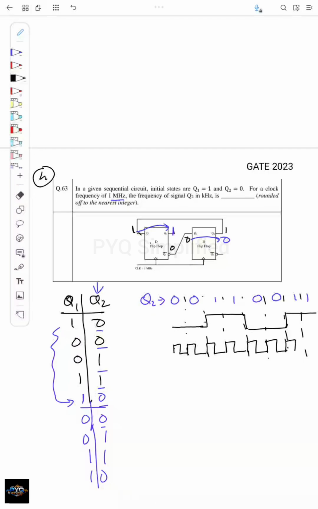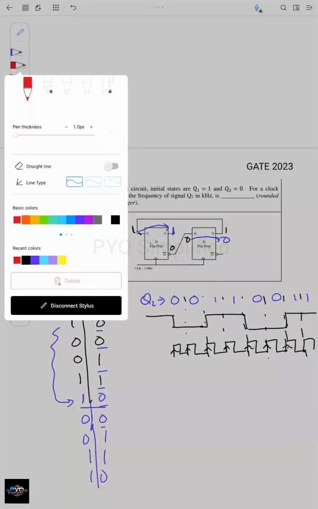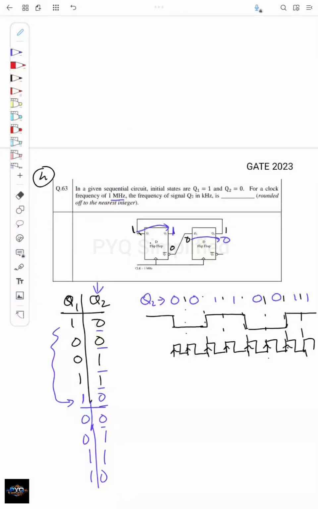So in each clock period these signals will come. At each of these rising edges these changes happen. So what is the time period of this output Q2? This will be the time period, right? Because it is repeating.